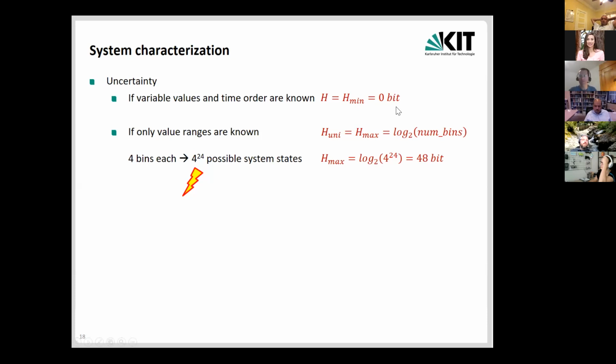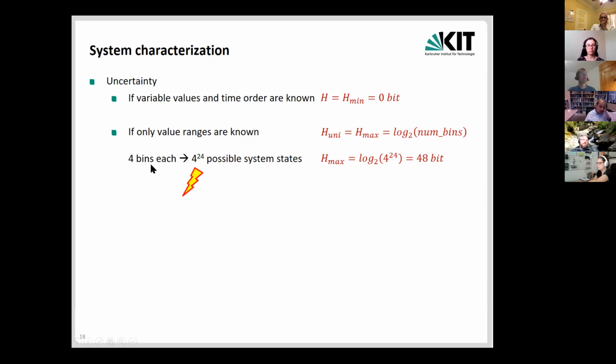That means I have full knowledge of all the data and where they go. The other bound that we can use is if only the value ranges for each of the variables are known, and I assume, because I have no other prior knowledge, a maximum entropy uniform distribution, then I know my uncertainty is log 2 of the number of bins.